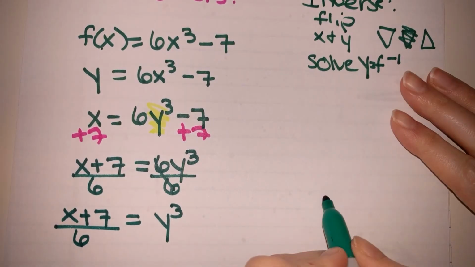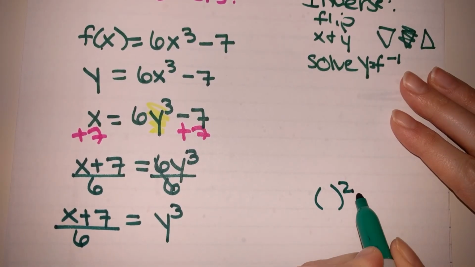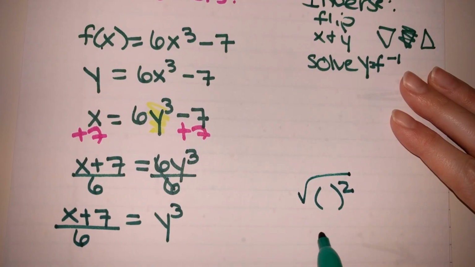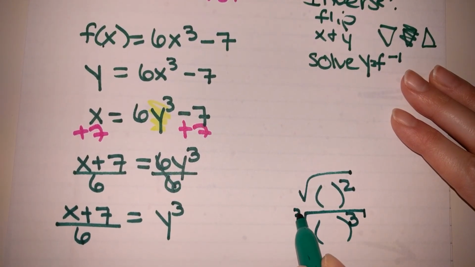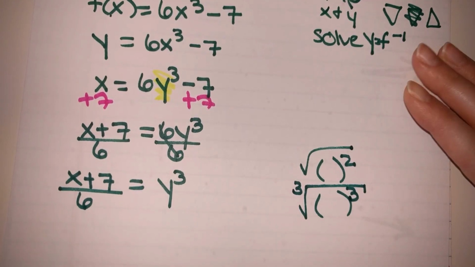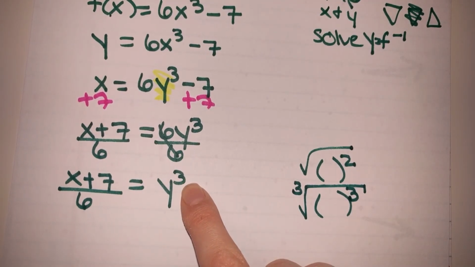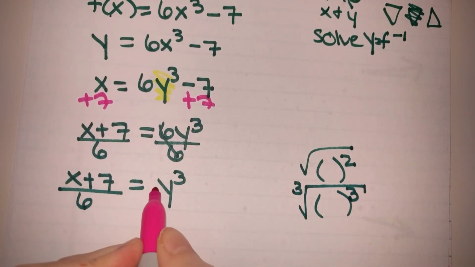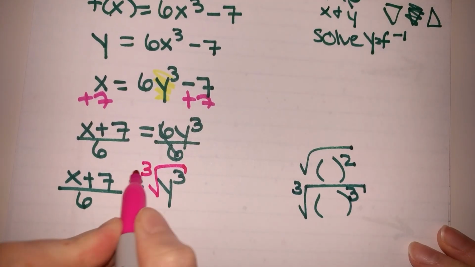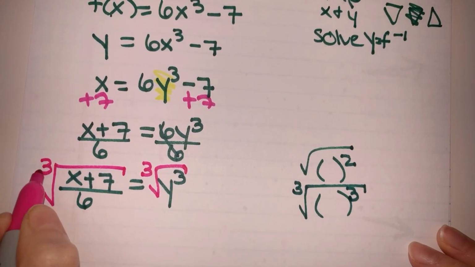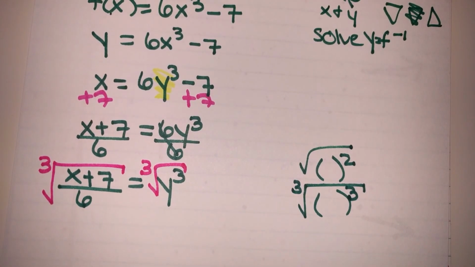Now, if we have a quantity squared and we want to undo the square, we take the square root. So if we have a quantity cubed and we want to undo that cubed power, we're going to take the cube root. So here, because we have a y to the third, we need to get rid of the 3 exponent, and so we'll take the cube root of both sides. And when you take a cube root of both sides, any odd root, you do not have to add a plus or minus.